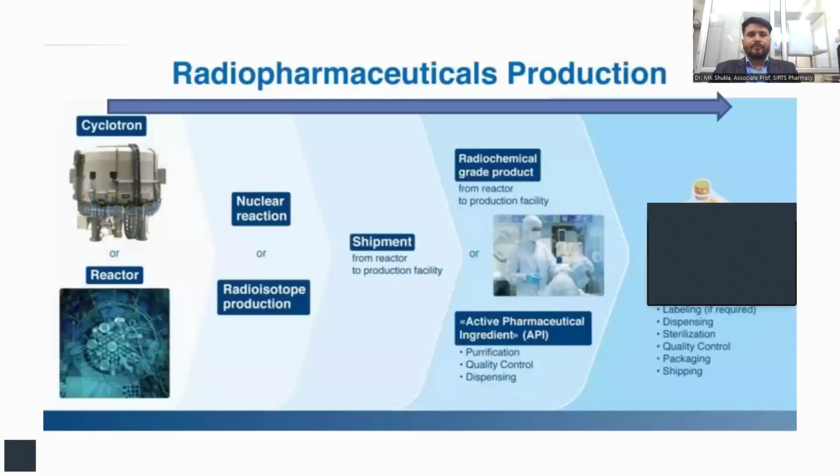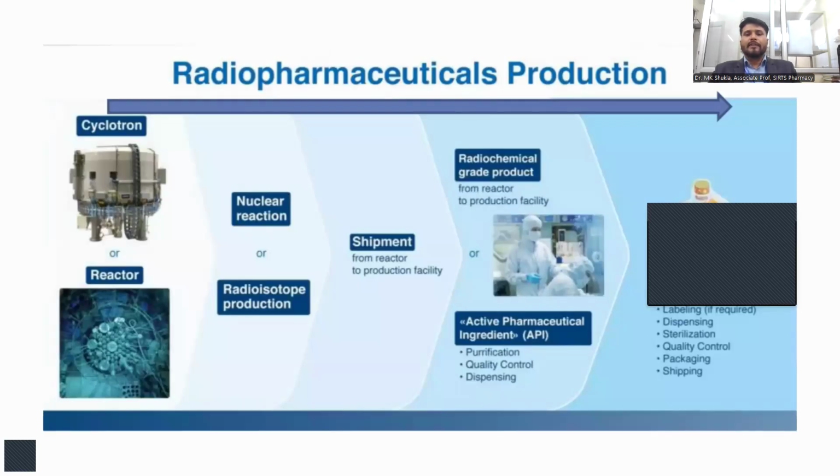Radiopharmaceutical production. In this picture we can see the different parts of how we can produce radiopharmaceuticals, where a cyclotron or a reactor is used. There are nuclear reactions for radioisotope production and shipment from a reactor to the production facility.